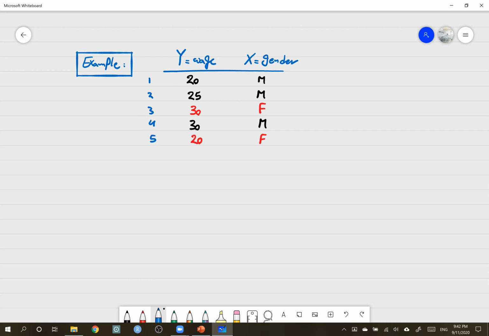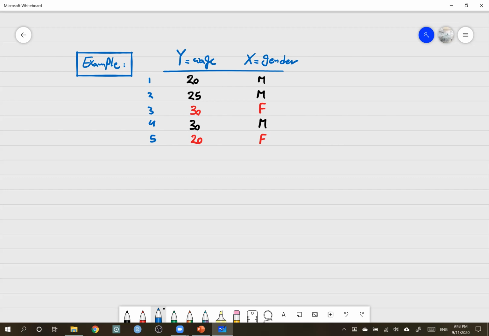The first is a male, $20 per hour. The second, also a male, $25. The third, a female with $30 per hour. The fourth, a male, $30. And finally, the last one is a female with $20 per hour. The black ones are male, the red ones are female. We color coded this way because when I talk about a conditional probability based on gender, you can easily distinguish male versus female.